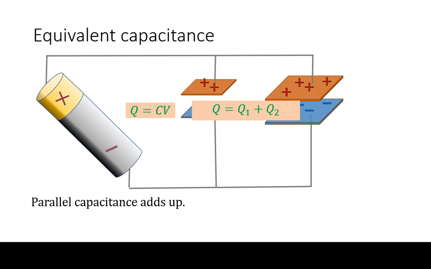Let's substitute in the definition of capacitance into our equation of conservation of charge. Now remember that the potential, and hence potential drop, for capacitors connected parallel to each other is the same.